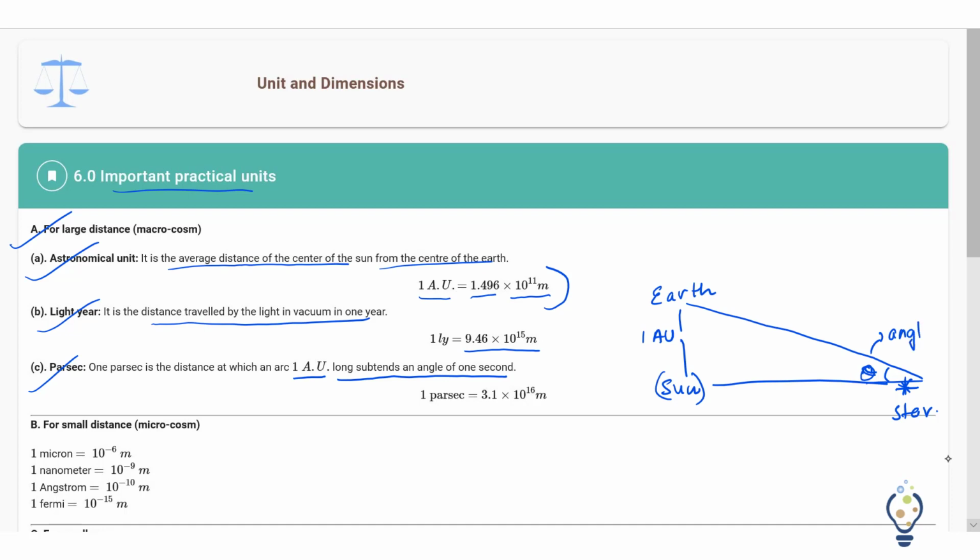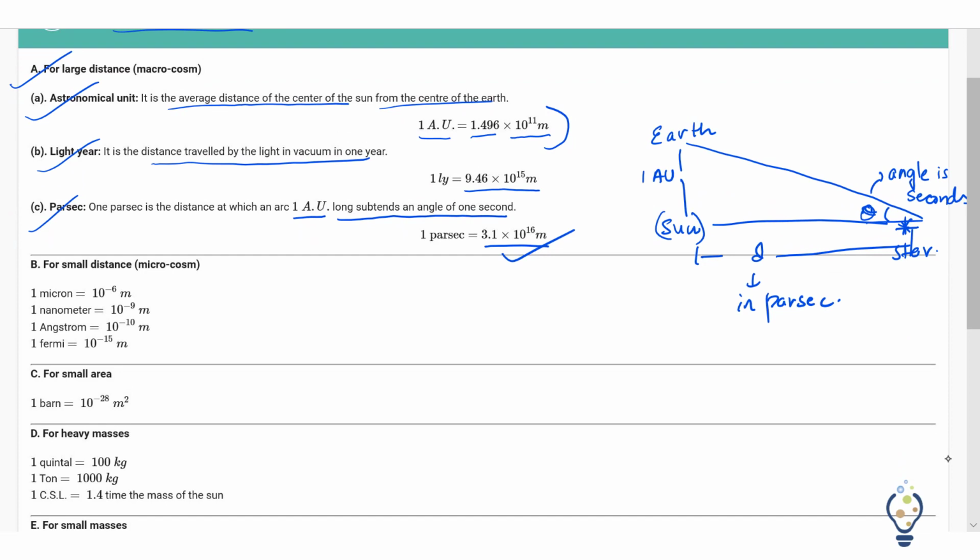This angle is in seconds, and this distance is in parsec. So generally 1 parsec is 3.1 × 10^16 meter. It's a very large distance.